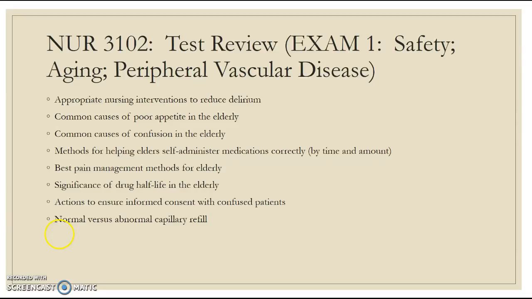Actions, we talked a lot about a good example of informed consent. And the very best thing you can do when there is a concern about a patient who's confused or intermittently confused is go to the entire healthcare team. Discuss this as a team, because everybody needs to be consistent with who we have ascertained is the next of kin, and it doesn't need to go down the line.